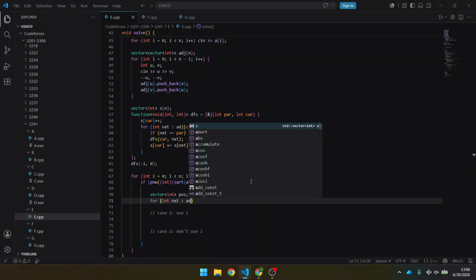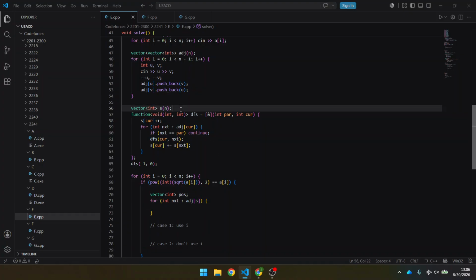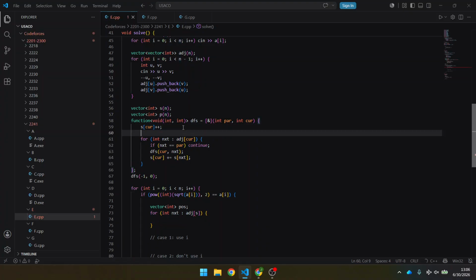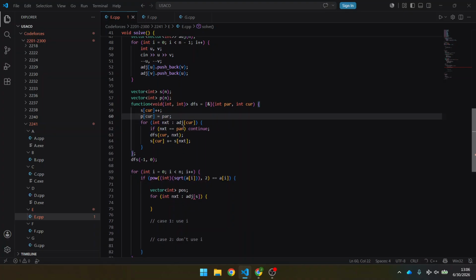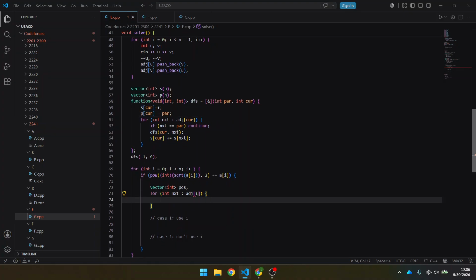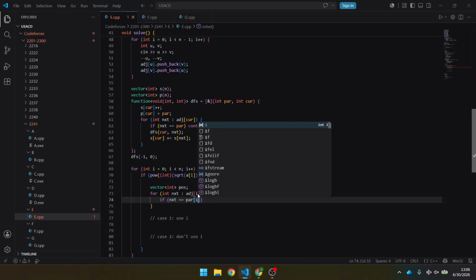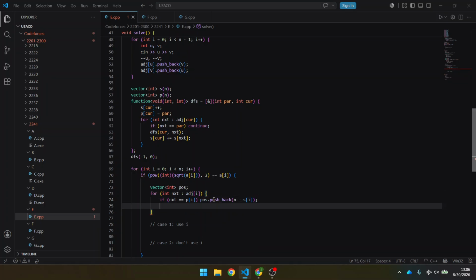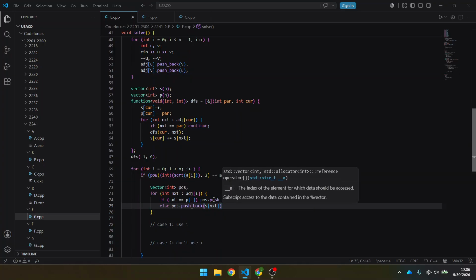For int next in adjacent of cur, with parent of cur. If next is equal to parent of I, then pushback n minus size of I, else pushback size of next.